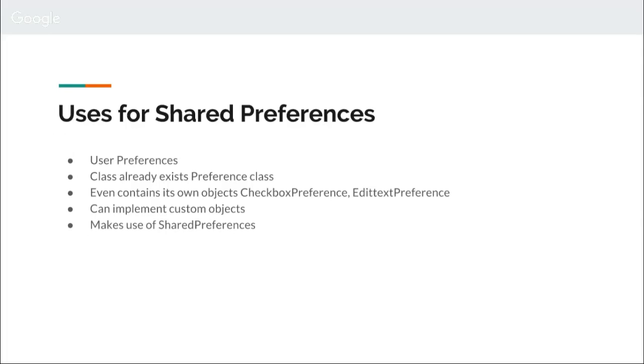And of course, an important part is that the preference class makes use of the shared preferences. So it would be redundant to use shared preferences directly, because we have a preference class that already does what we're trying to do by storing the user preferences.